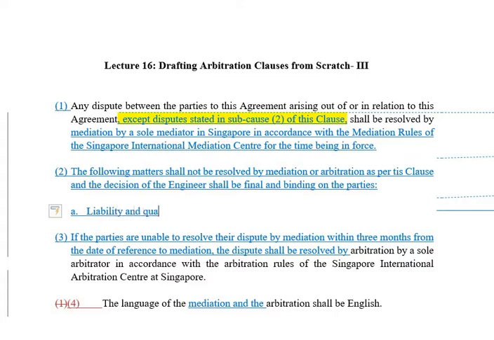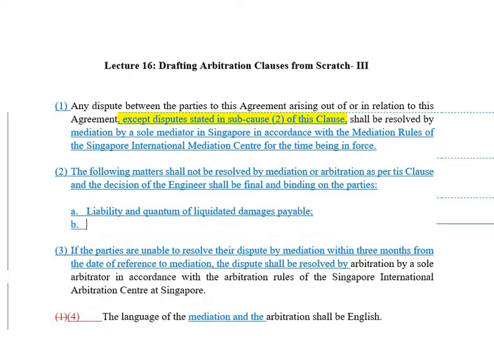Liability and quantum of liquidated damages payable. And the second matter that we accept, that is exclude out of mediation and arbitration, is quantum of extension of time for completion of contract.